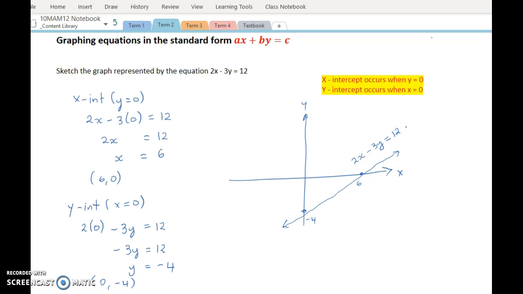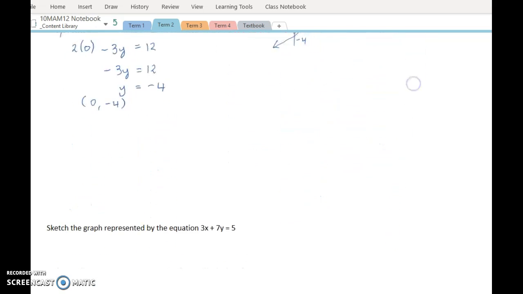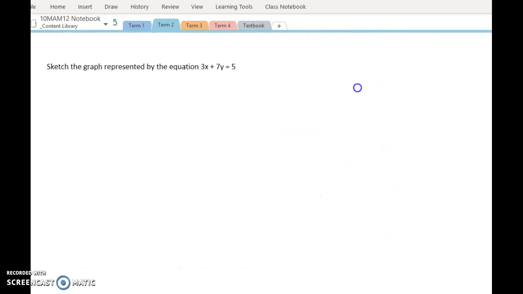Okay, so we'll move on now and do another one, very similar to the first. And again, we're going to find the x and y-intercept in order to find the graph. So we'll start initially with the x-intercept. And remember, y equals 0 when the x-intercept occurs.